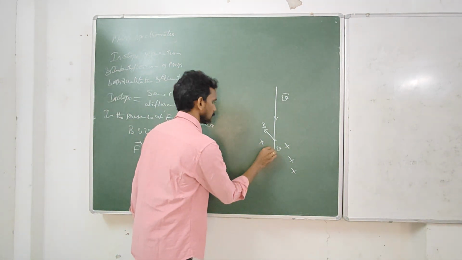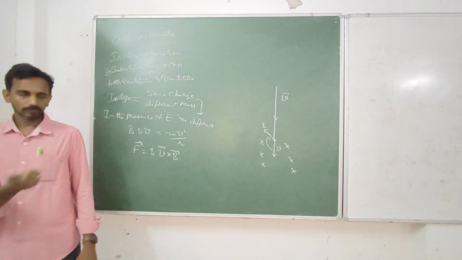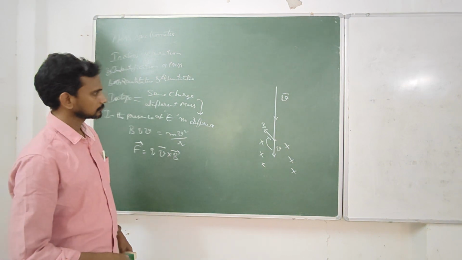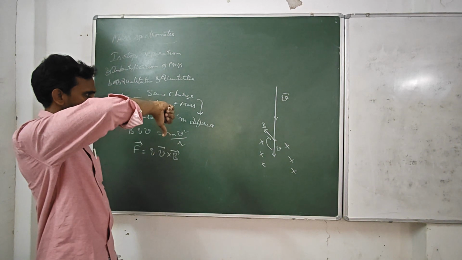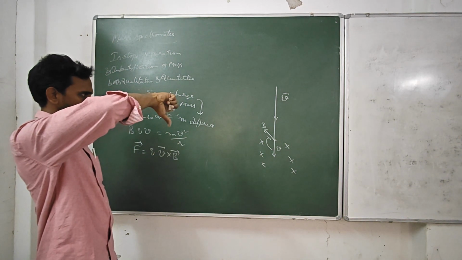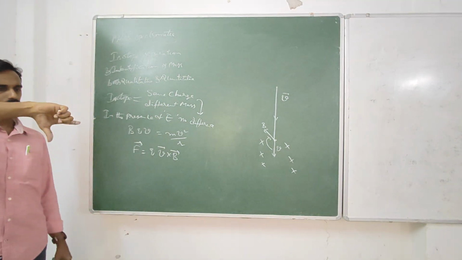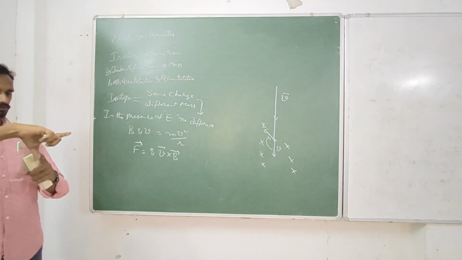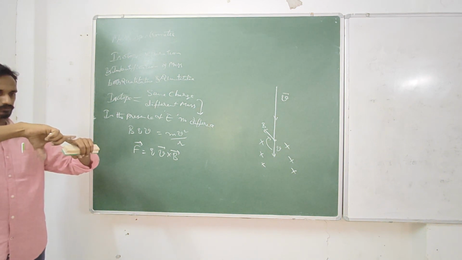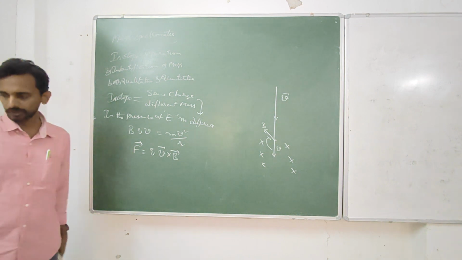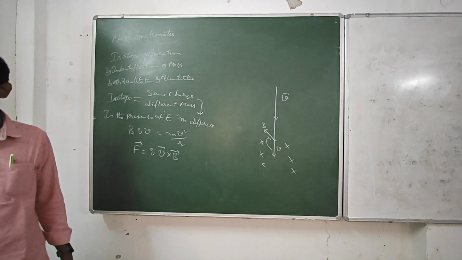So, now I have to take the direction of motion from V to B. So, my curl of fingers: velocity is downwards, magnetic field is in this direction. So, what does the curl of fingers give you? V to B. Which way? Right or left?